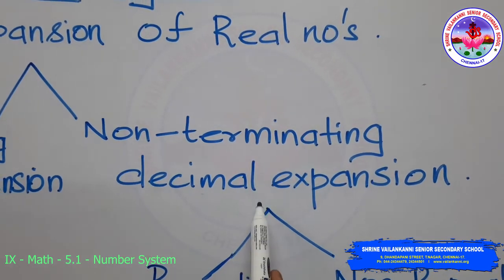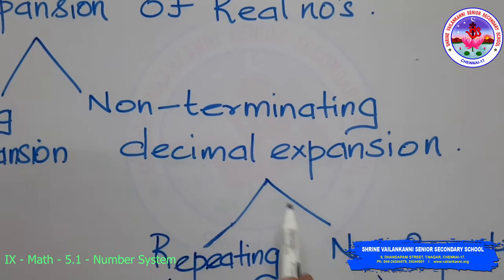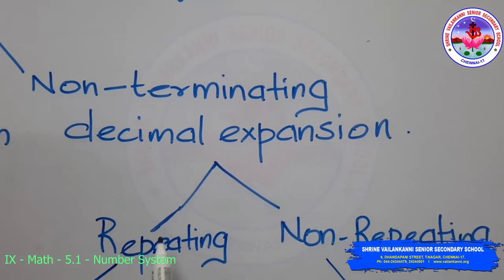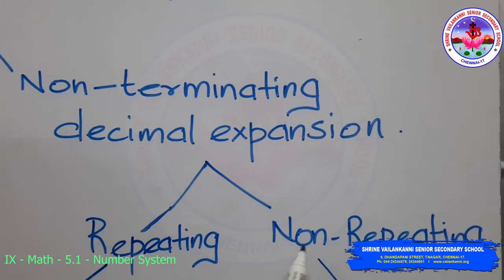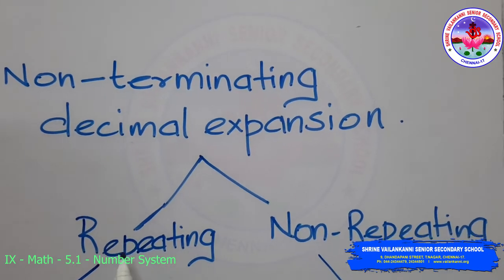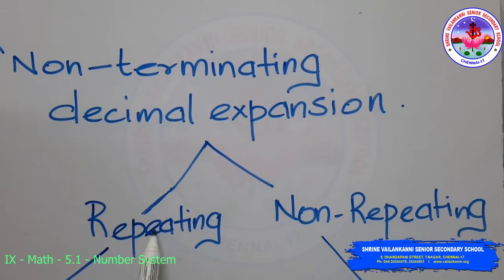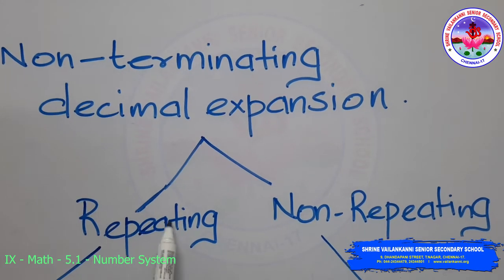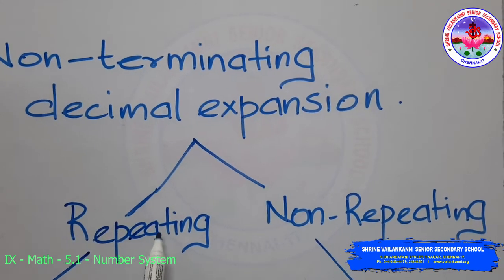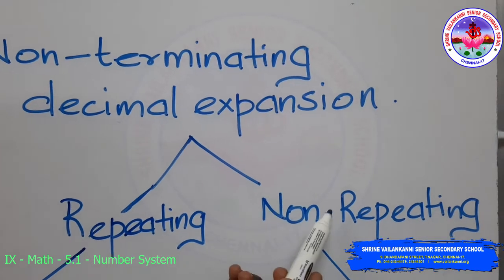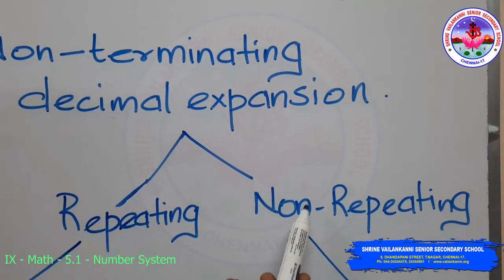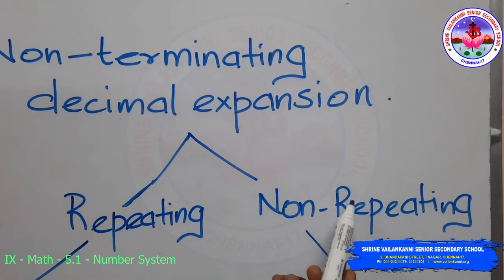In non-terminating decimal expansion, we have two types. One is repeating, the other is non-repeating, where the word repeating means the same digits get repeated after the decimal point in the decimal expansion, and non-repeating is where the digits do not get repeated.